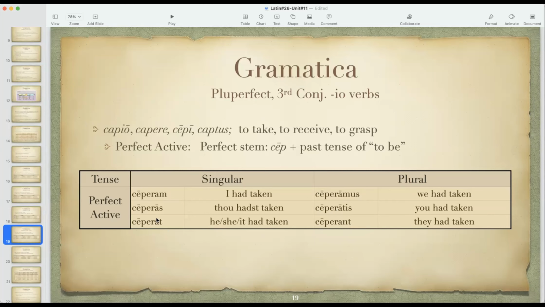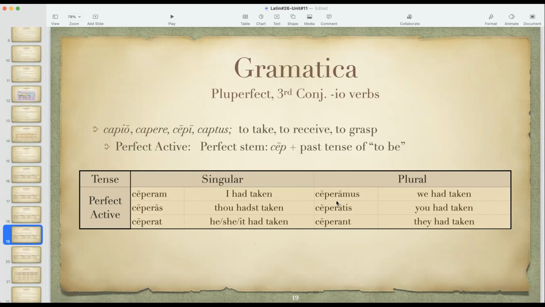And I guess I should mention something here. This is short and the E is short. So the accent is ceperam, ceperas, ceperat, and ceperant. When we get to the eramus and the eratus, then this vowel is long.